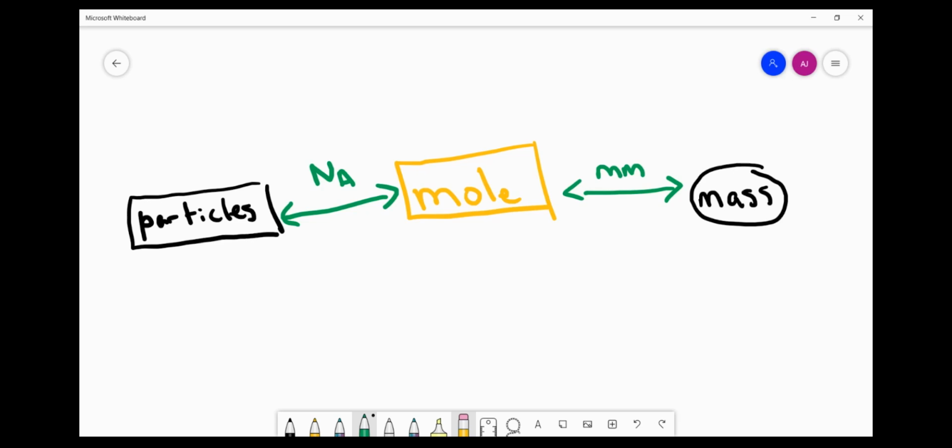And note that both of these conversion factors in green are fixed numerical values. Avogadro's number is fixed absolutely, equal to 6.02 times 10 to the 23 particles per mole. And the molar mass is unique to every substance. However, it is fixed for every substance. So if we know what substance we have, we know its molar mass, and that molar mass does not change.